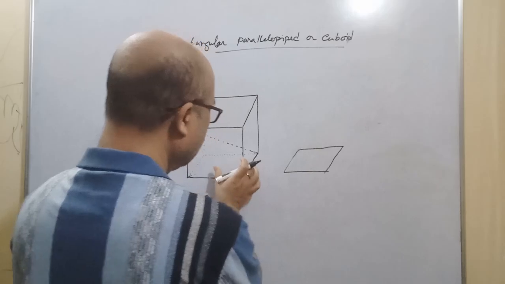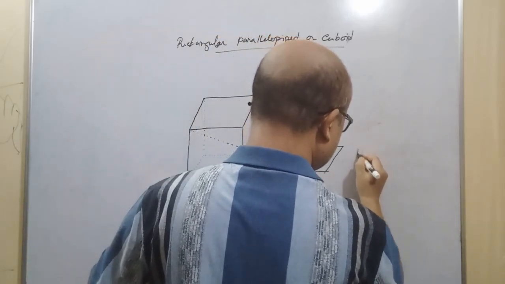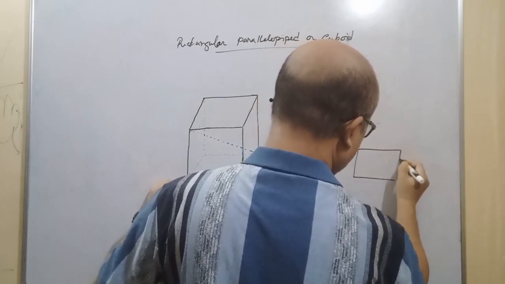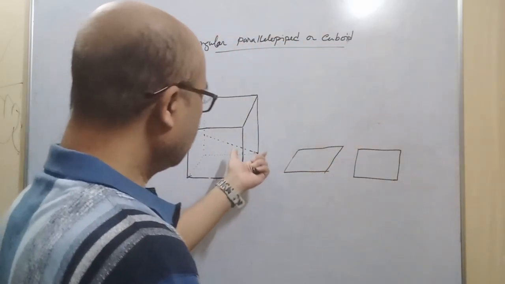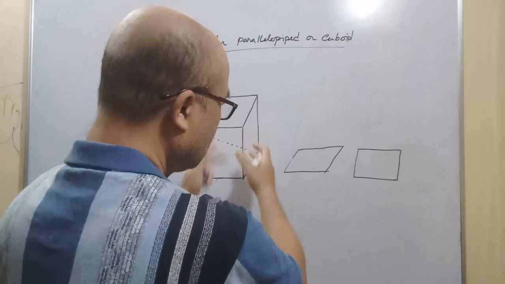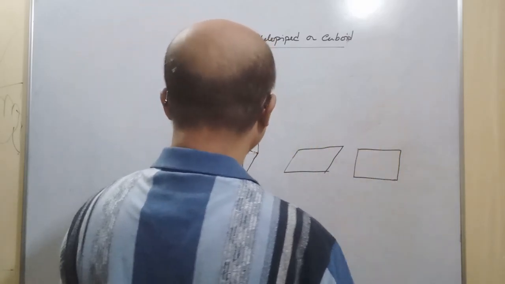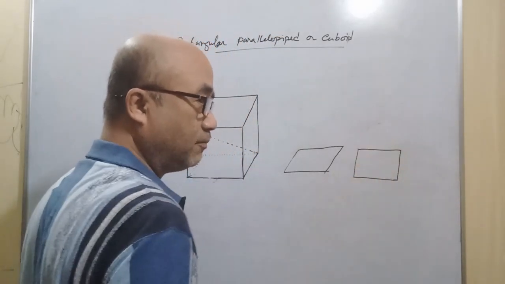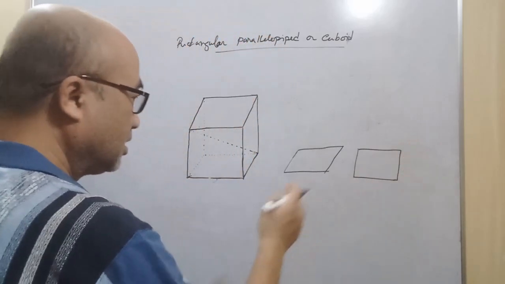It is a side view only, but actually it looks like this, rectangular, right? Because this is a cuboid, we are viewing it from the side, so we are getting this view, but actually it looks like this from the top. If you view from the top, then this is the view. A rectangular shape.